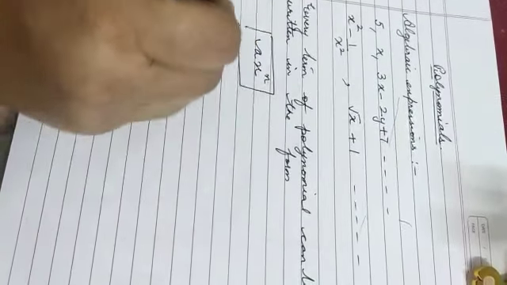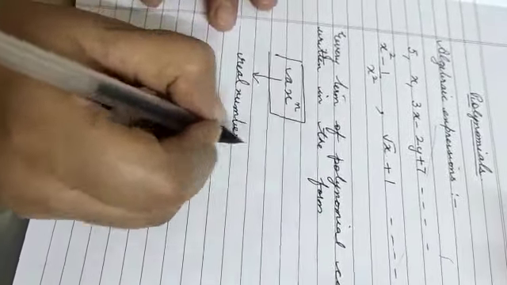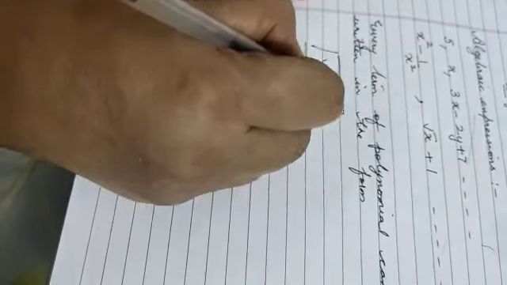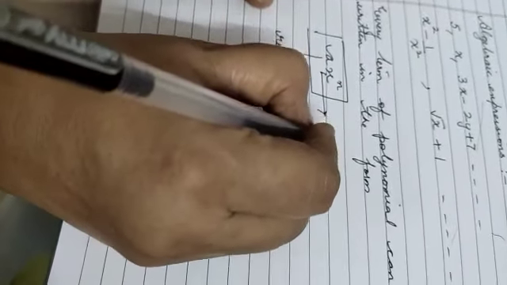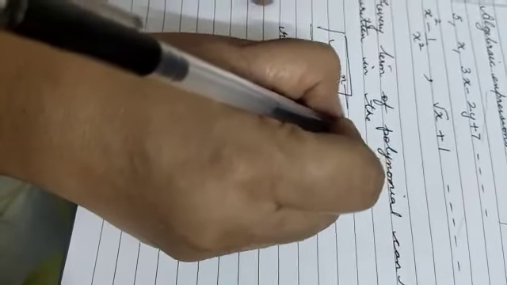What does that mean? Where a is a real number, x is the variable, and n is the whole number.